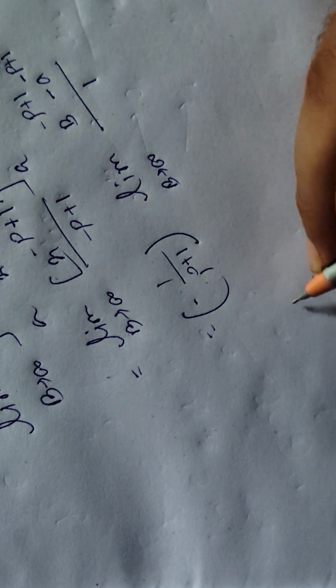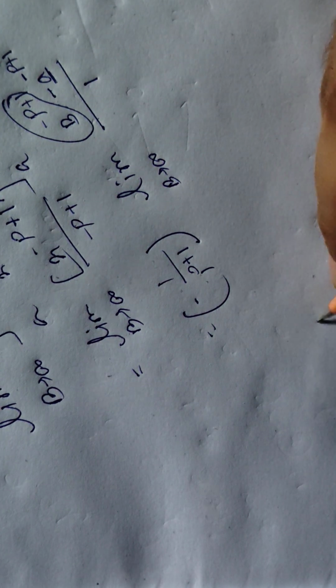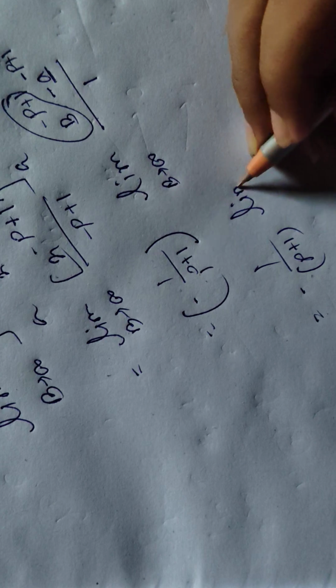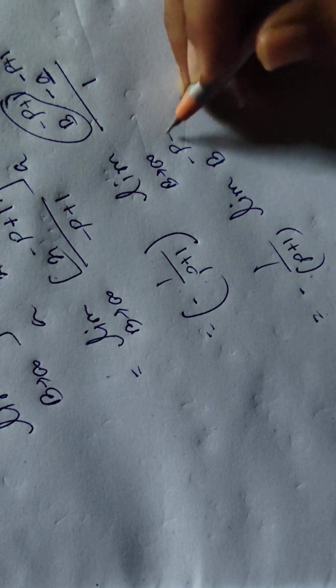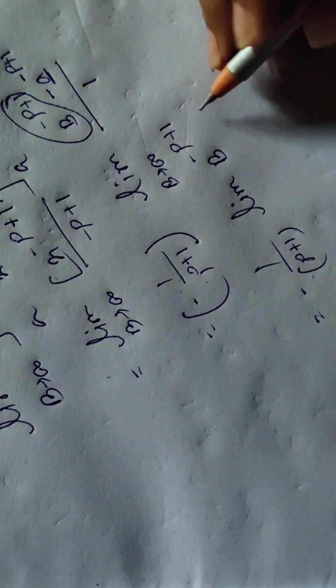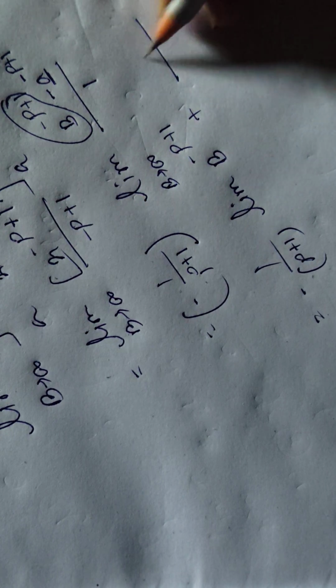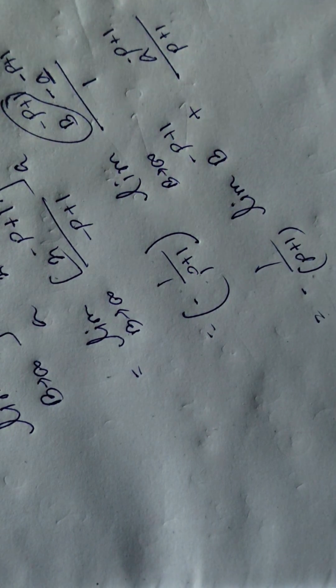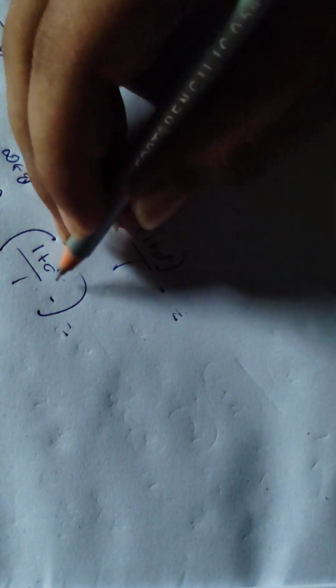Now basically we have to deal specifically with that, not with that, because this is constant. So you have to deal with the limit of b to the power minus p plus 1 plus a to the power minus p plus 1 by p plus 1. Sorry for the mistake.